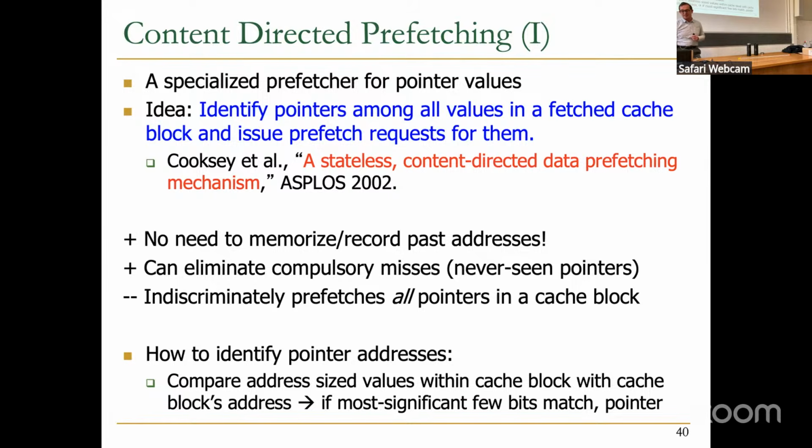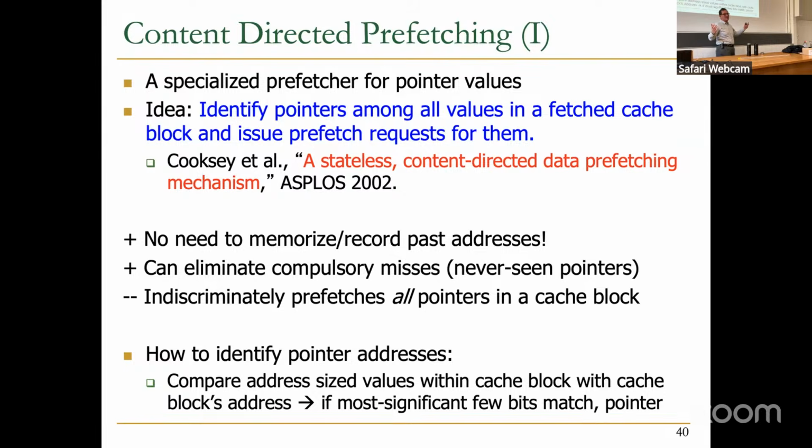And the idea is you can scan the entire cache line and you look at pointer-sized values, because not every value is a pointer. Depending on the ISA you're using, pointers are 64 bits in general. That's the case today. So you look at all 64-bit size values, and if the most significant bits of that 64-bit value match the 64-bit address that you use to access this cache block, which is the cache block's address, then you declare that as a pointer.